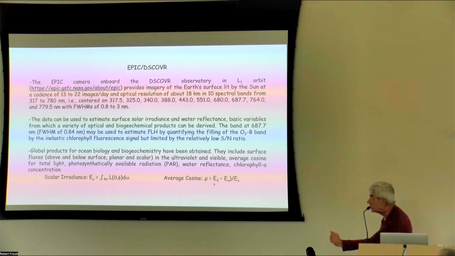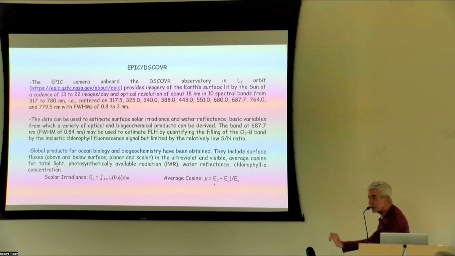We're not talking here about the clearest resolution of 1 kilometer. And you have 10 spectral bands from near UV to near infrared, 317 to 780 nanometers, with a bandwidth of 0.8 to 3 nanometers.